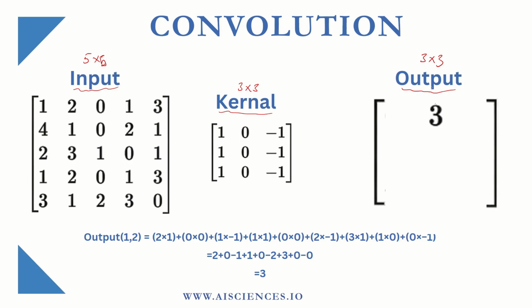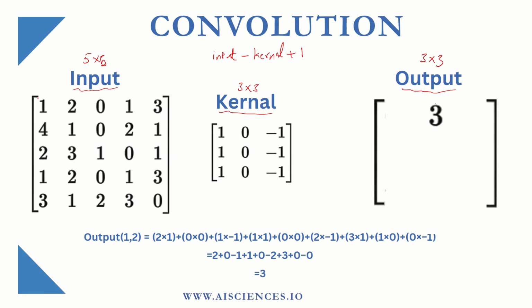So the size of output is dependent upon input and filter sizes. So usually the output size is computed by, let me mention it over here, input size minus kernel plus 1.